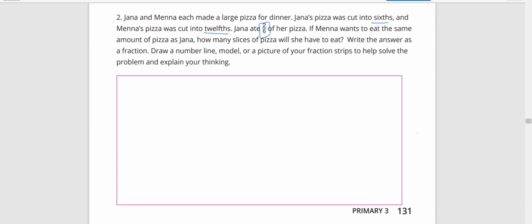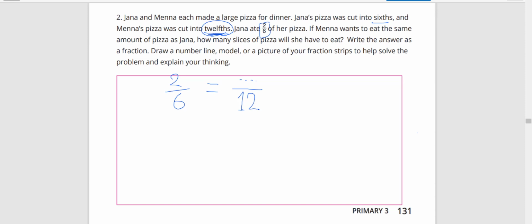The same amount, so we have equivalent fractions. 2 over 6 equals what over 12? Because Mina's pizza was cut into 12s, its denominator is 12. Now we want to know the numerator. Write the answer as a fraction.